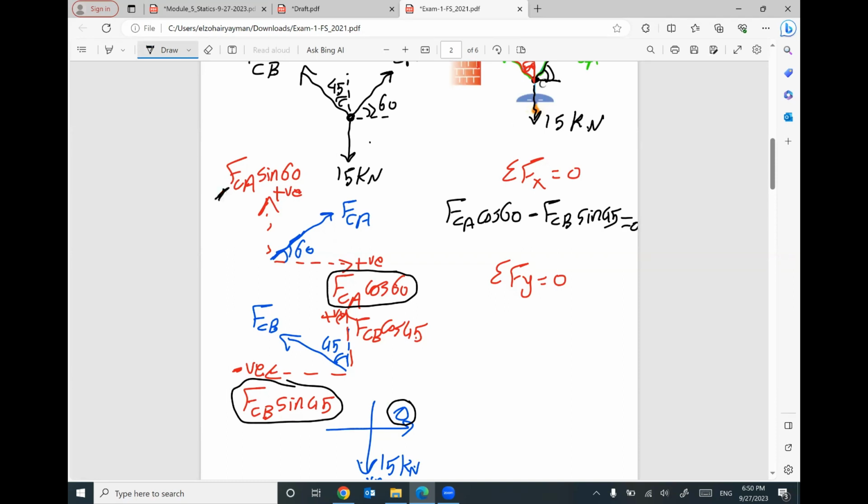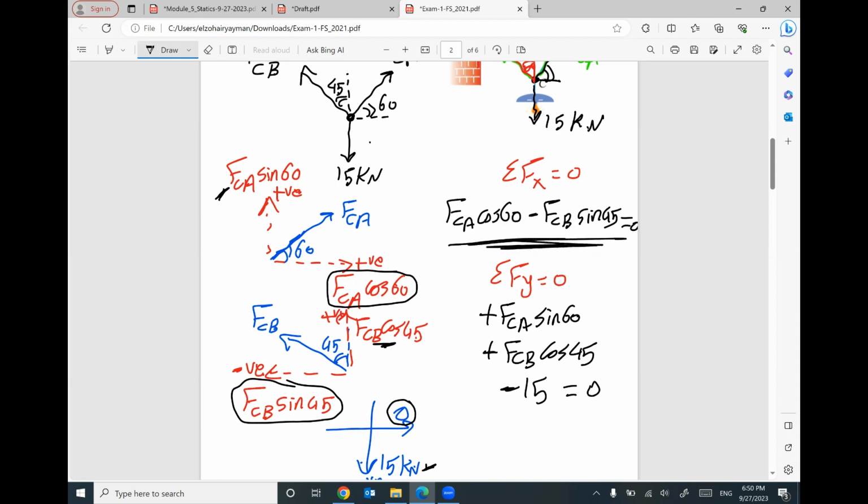We have this one, we have this one, and we have this one. So I have positive FCA sine 60 plus FCB cosine 45 degree minus 15 equals 0. This is the first equation. This is the second equation. I can solve them together to find out your unknowns.